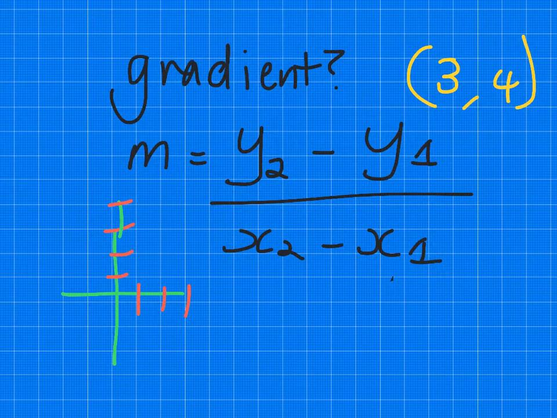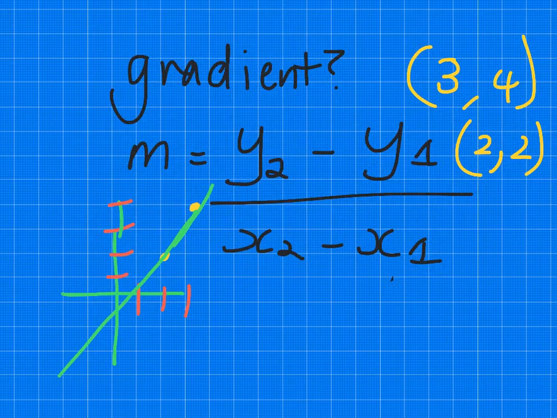So we know that we go along 3 up to 4. So there's our first dot. Let's say our other one is 2, 2. So we go over to 2, up to 2. So here, this is our line, okay? Line coming straight through here.